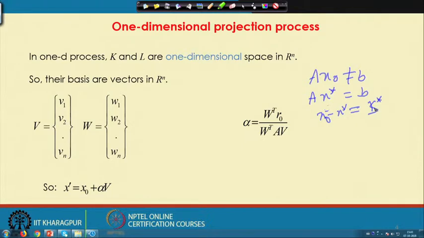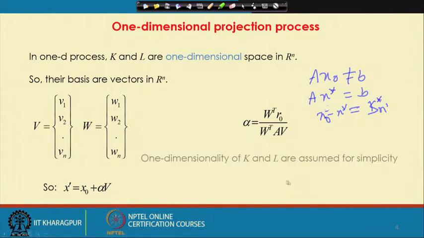So, this can in principle increase the number of iterations, because n prime is the dimension of this vector. So, I have to go to an n prime dimensional space, but every time I am only going along a single dimensional space.